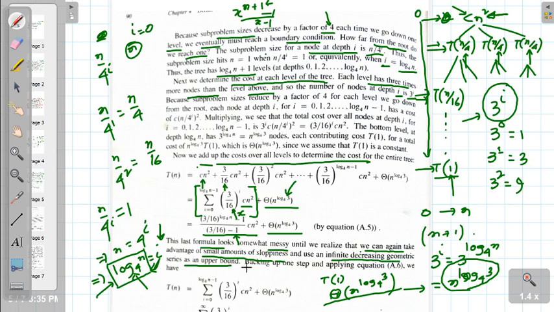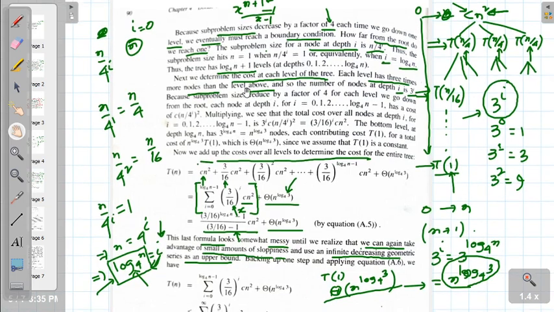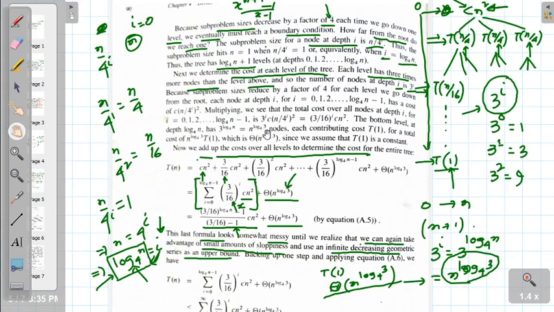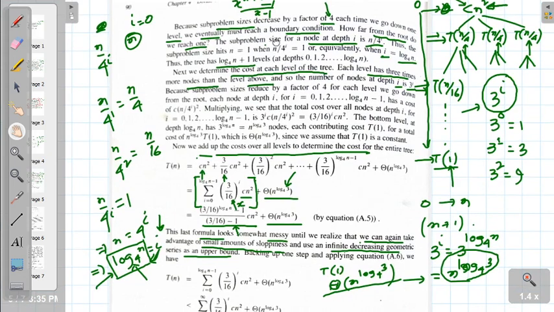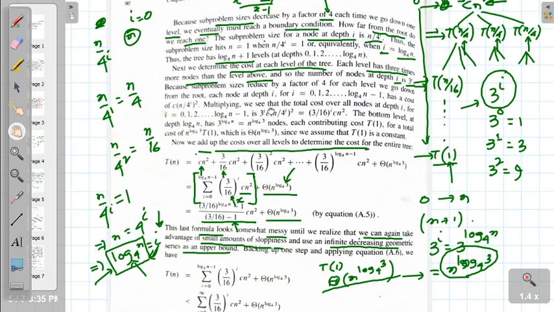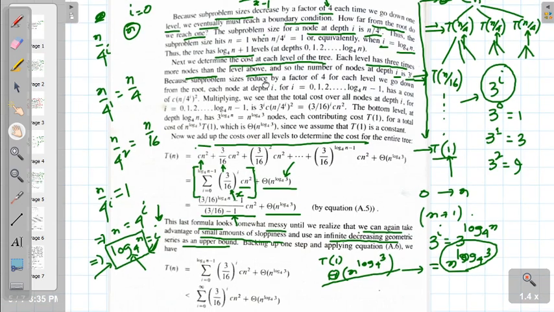That means from i equals 0 to n, I will be substituting that by i equals 0 to infinity, as we are dealing with this asymptotic analysis.